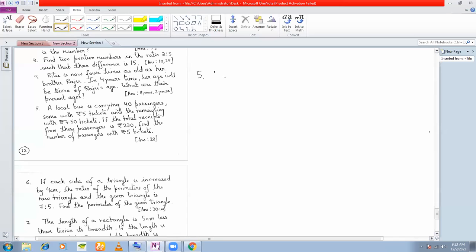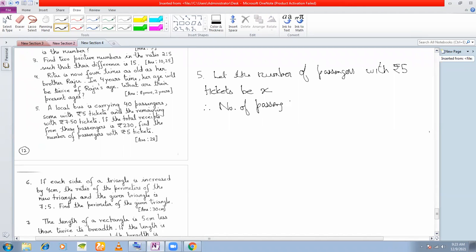If I say let the number of passengers with 5 rupees tickets be X. Therefore, number of passengers, there are total of how many passengers in the bus? 40.